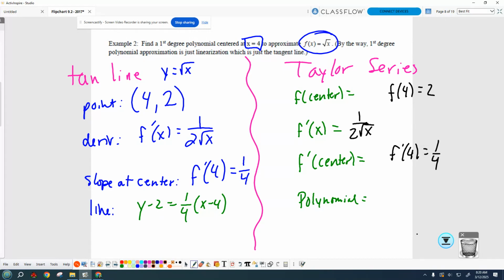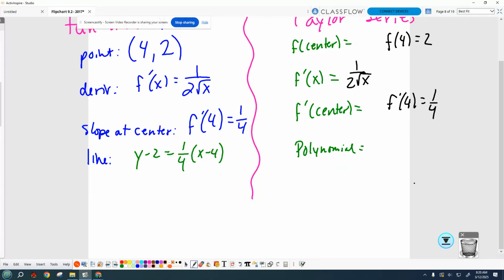And now the Taylor polynomial, they would say that the polynomial of one degree is the function plus the first derivative times x minus the center to the first power, and I'm done.